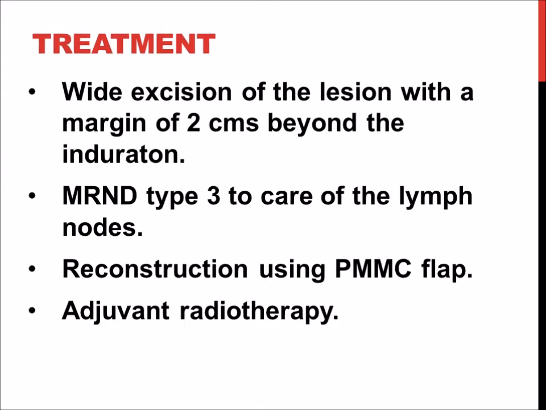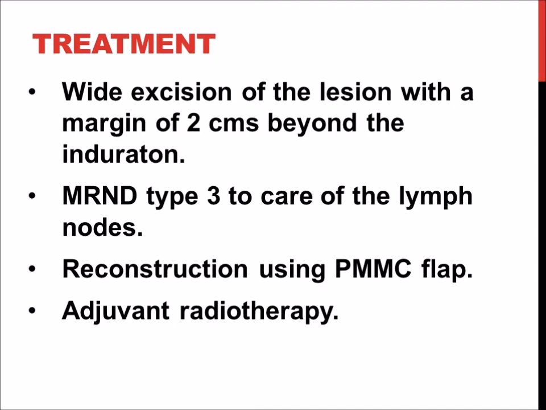Now the treatment part is very important. We do a wide excision, lymphadenectomy, radiotherapy. Remember, for any mass lesion in the body, if lymphatic metastasis or lymph node involvement is a feature of that malignancy, three things have to be done.